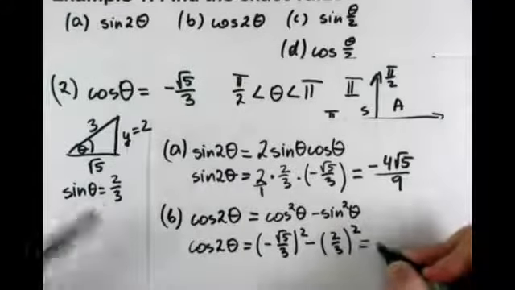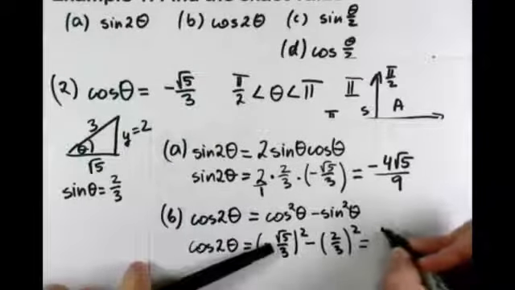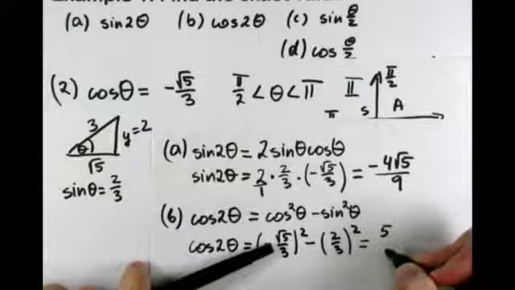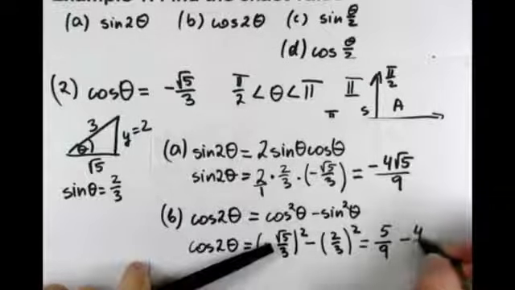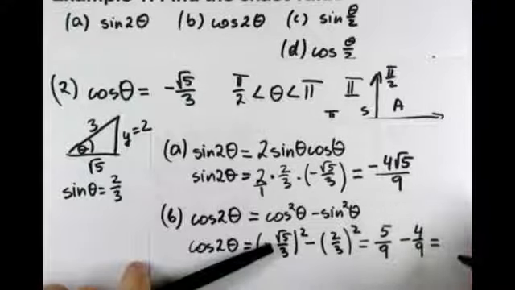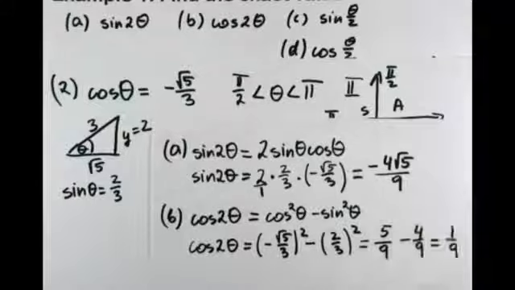So minus root 5 times minus root 5 is positive 5. It would be 5 over 9 minus 4 over 9. So this gives me 5 minus 4 is just 1, over 9.